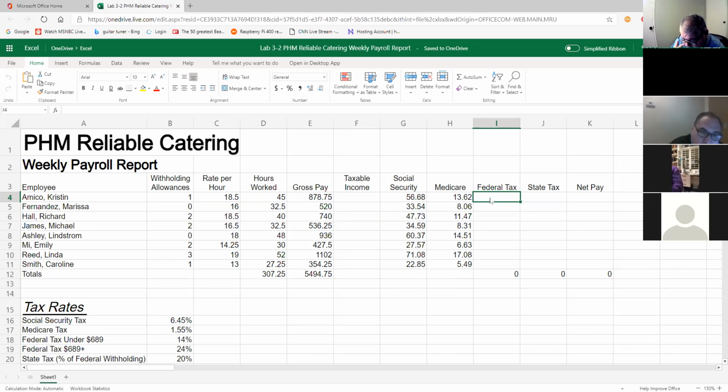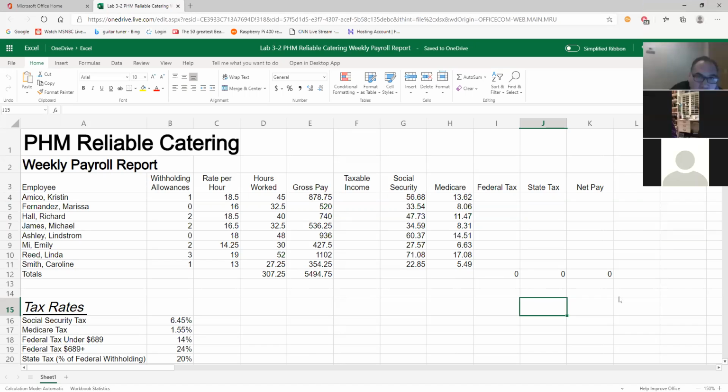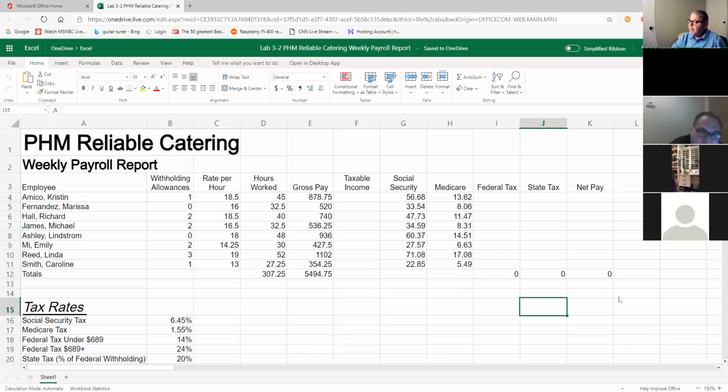I think we left off on 11, where we need to do the federal tax calculation. So this part. All right. Should we wait a couple of minutes to see who else comes in and then get going? Let's just wait a few more minutes, okay?